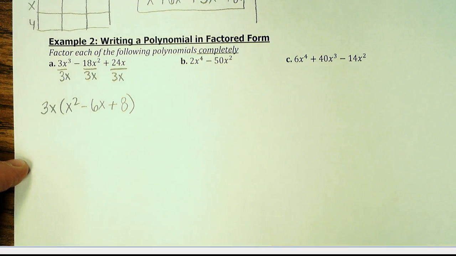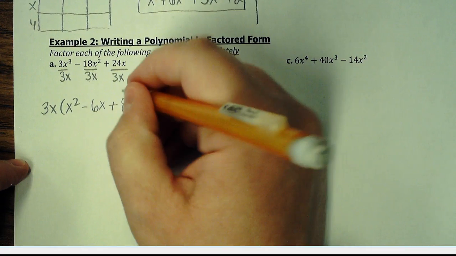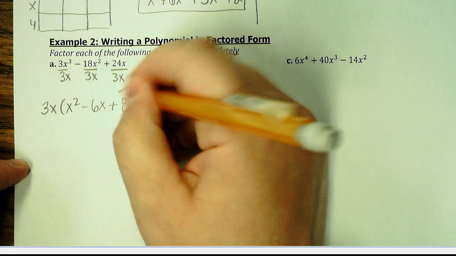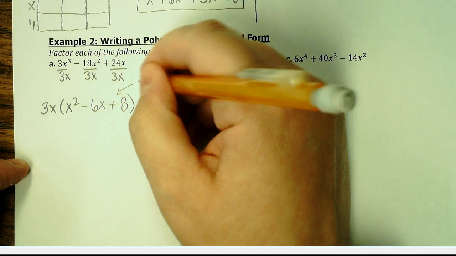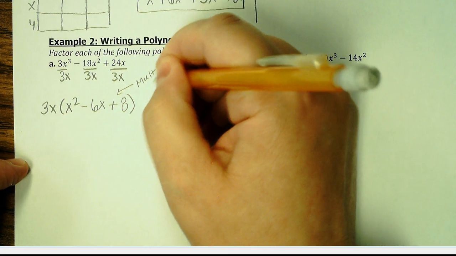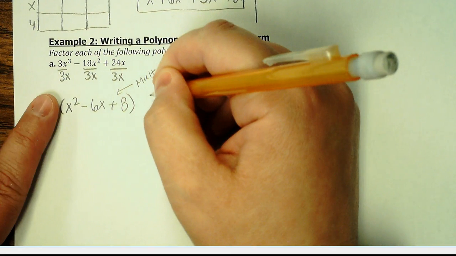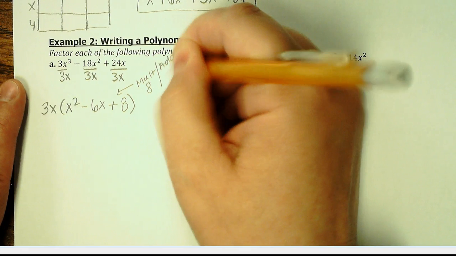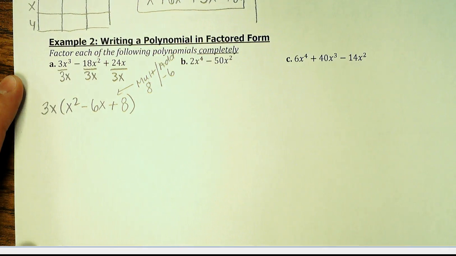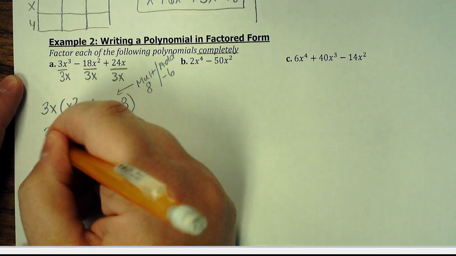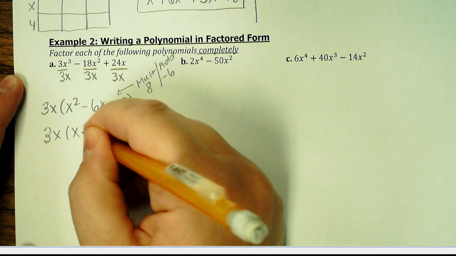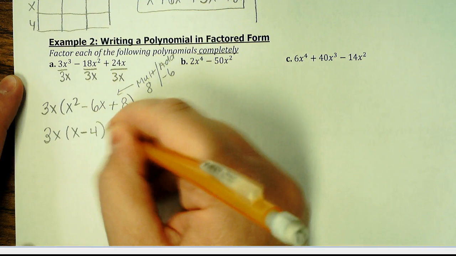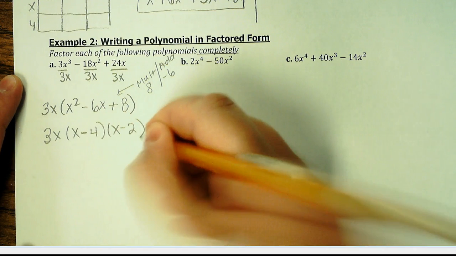Okay, now it's going to totally depend on the question, but you've got to ask yourself, can you factor this further? So I need two numbers, not worrying about this 3x, that multiply to give me 8 and add to give me -6. If you sit there and think about that combination, this is going to be x minus 4 times x minus 2.